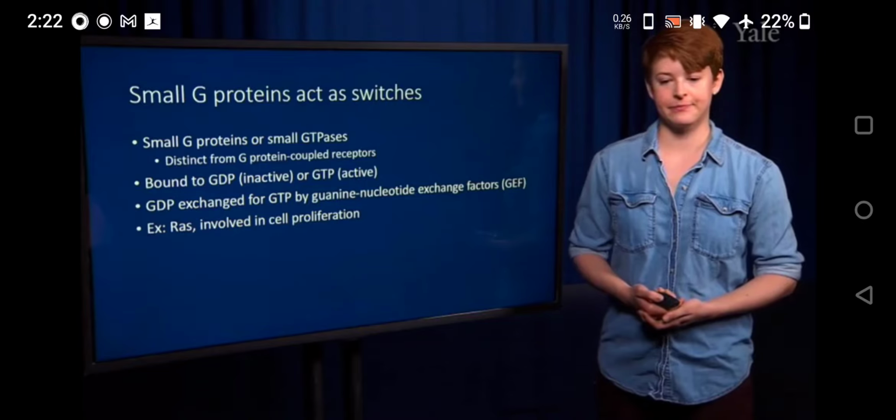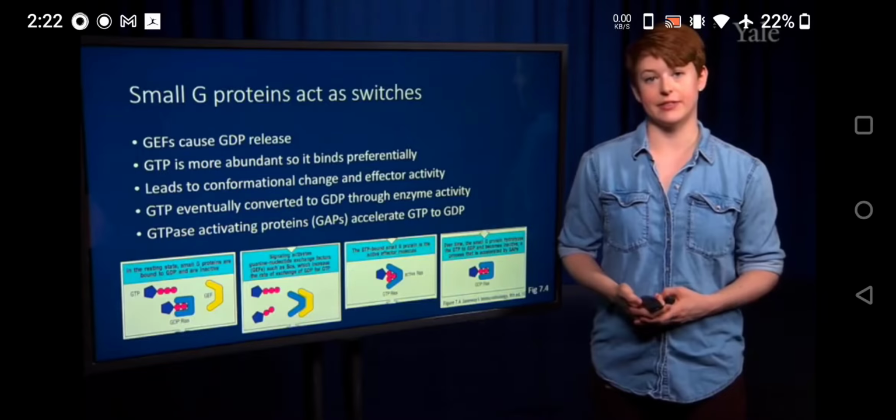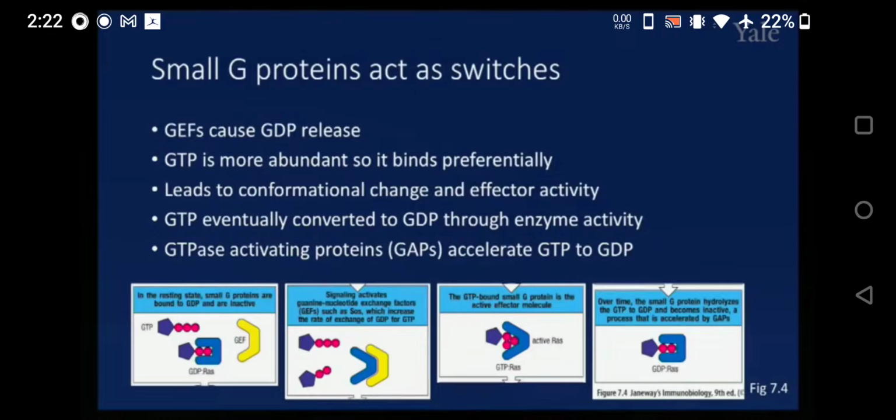So these GEFs cause the release of GDP, and this allows for the binding of GTP. That's because GTP is typically found in higher concentrations in the cell, so it will preferentially bind to the GTPase. This leads to a conformational change and effector activity in this GTPase.